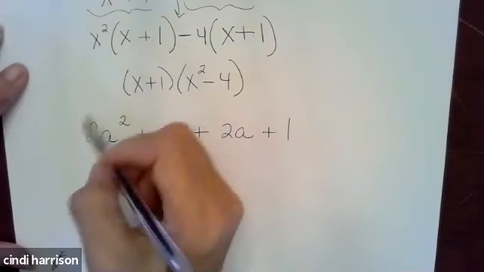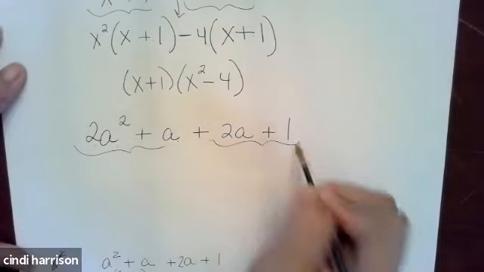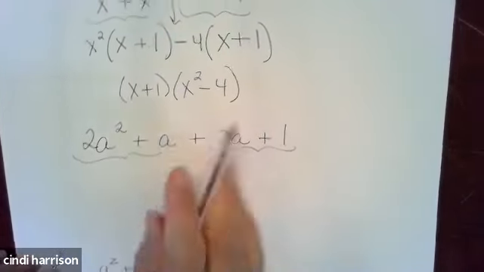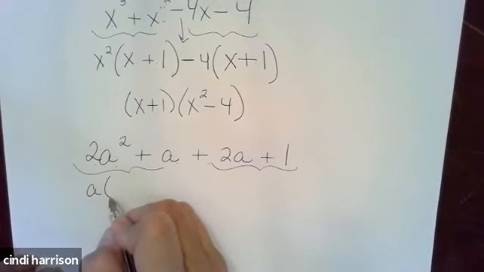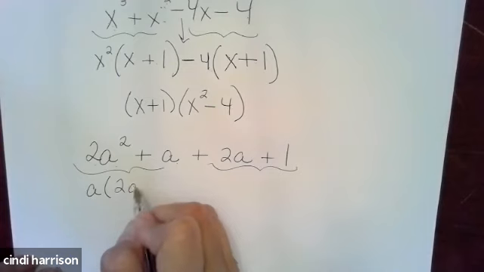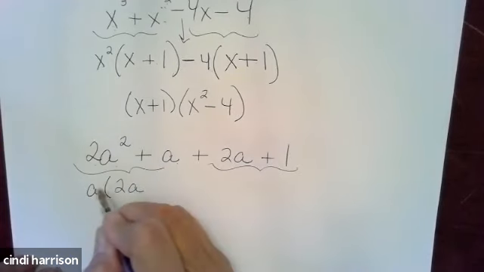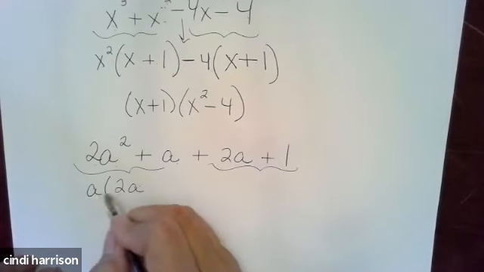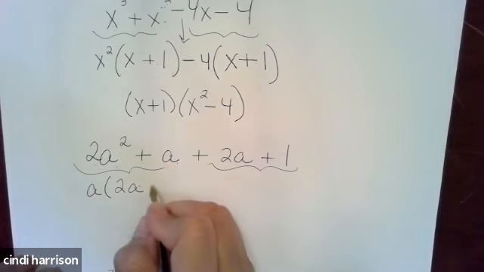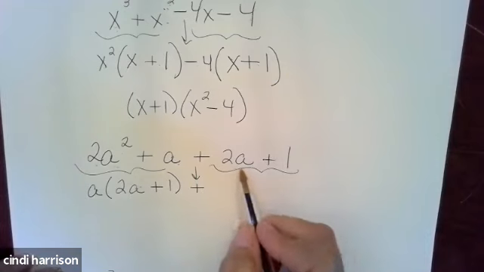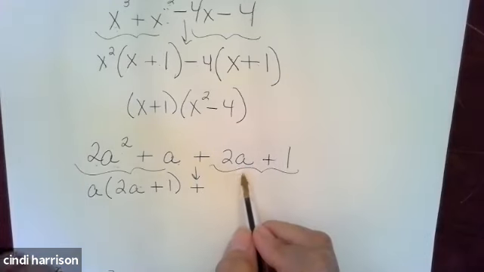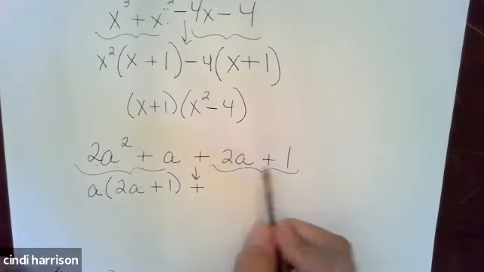All right, so separate into pairs. Now here, the GCF for these two is a, and that would leave 2a, because a times a is a squared, and a times what is a? That needs to be a plus 1. Bring this sign down. Now here's where you might see a little problem, because what will go into 2a and 1?